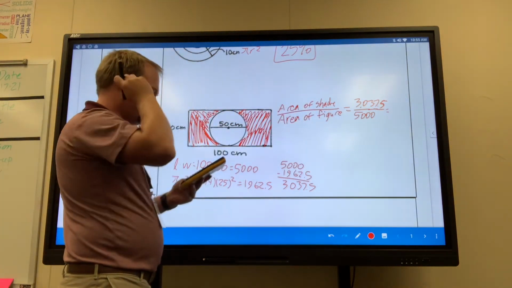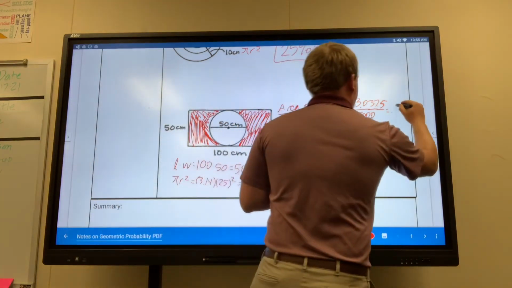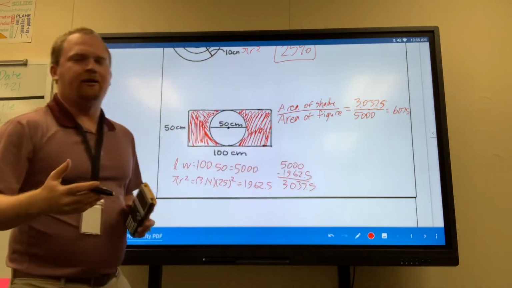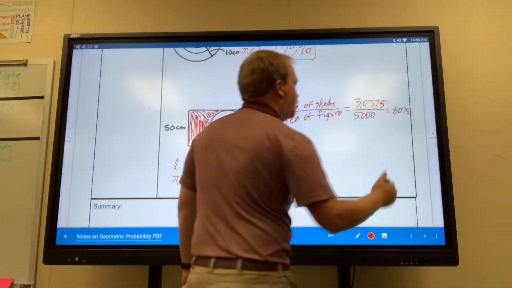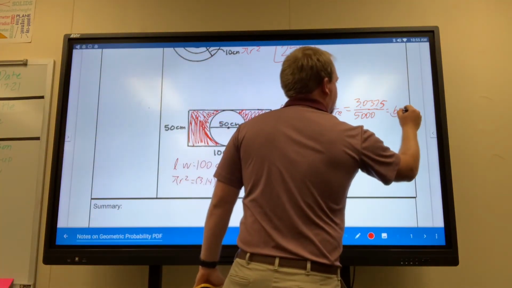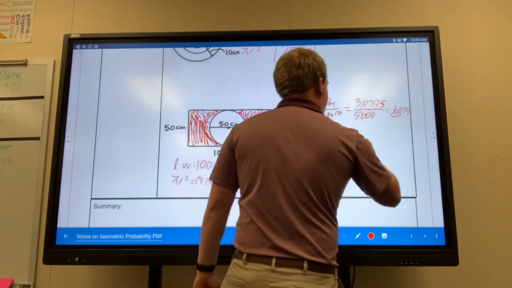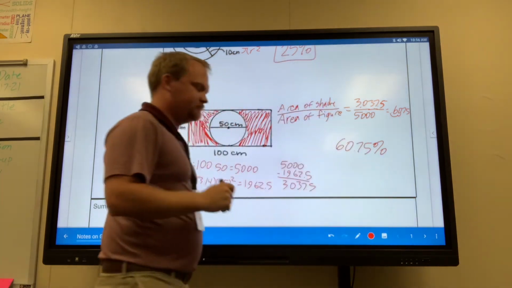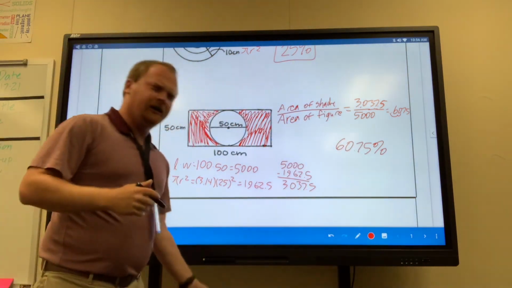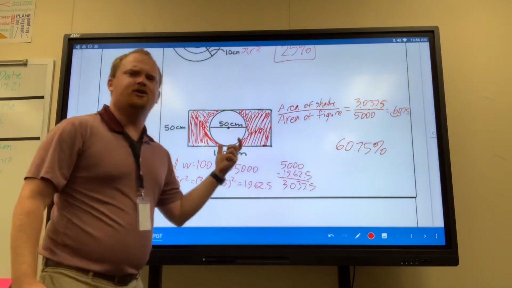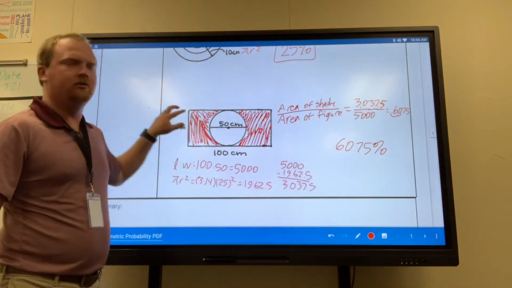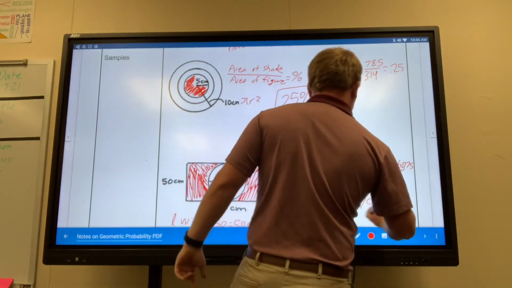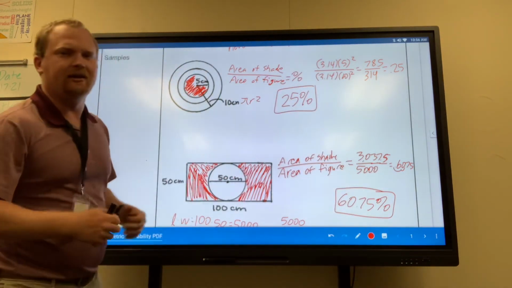I divide it out, and I get 0.6075. Now, how do we know what the percentage is? Move the decimal twice. So I get 60.75%. So really, I am more likely to land on the shaded area for this rectangle than I am to land on the bullseye. More likely.